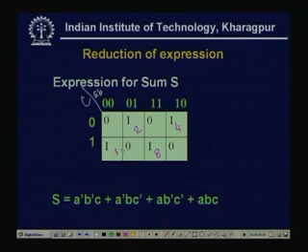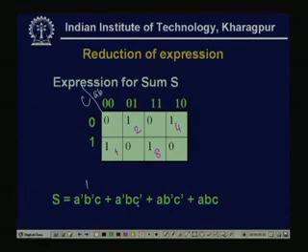So, if we now take the min terms for where 1 is there, that min term will exist in the expression. For 0 0 1 it is A dash, B dash, C, for min term 1.